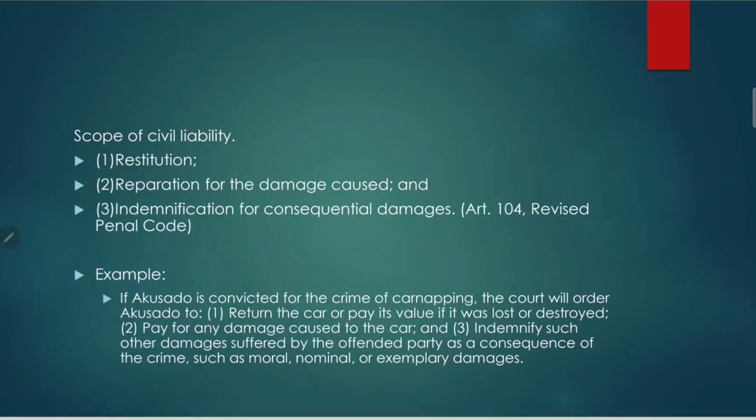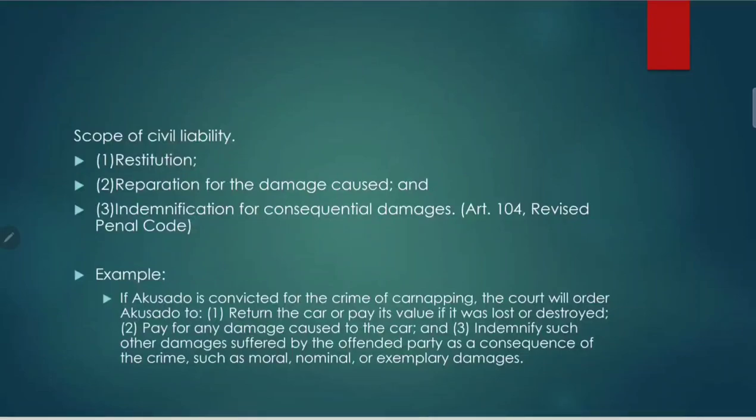So, ano ang scope of civil liability pagdating sa obligations arising from crime? First is restitution. Second, reparation for the damage caused. And third, indemnification for consequential damages. So, para mas maintindihan natin, let us take this example.